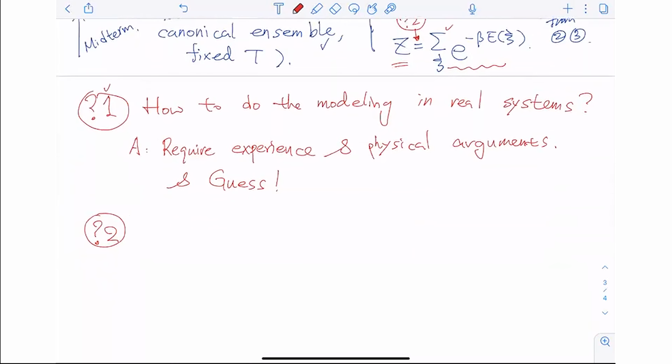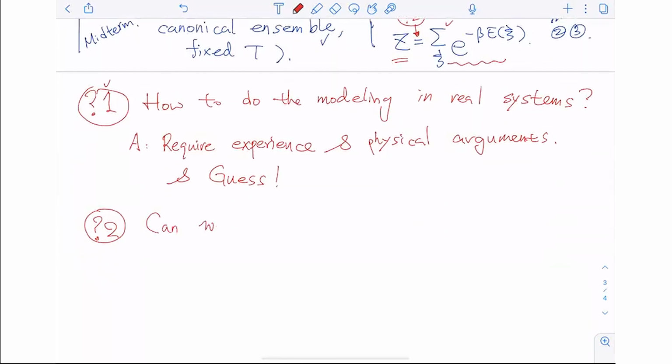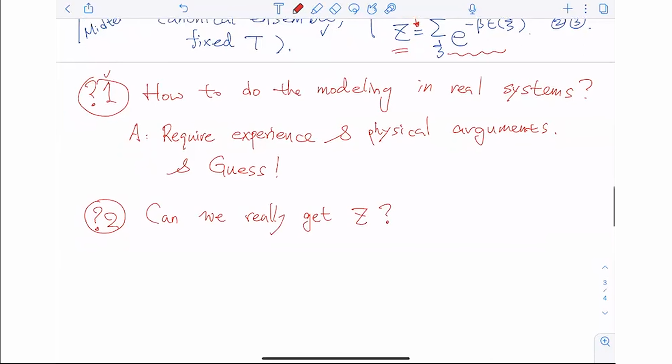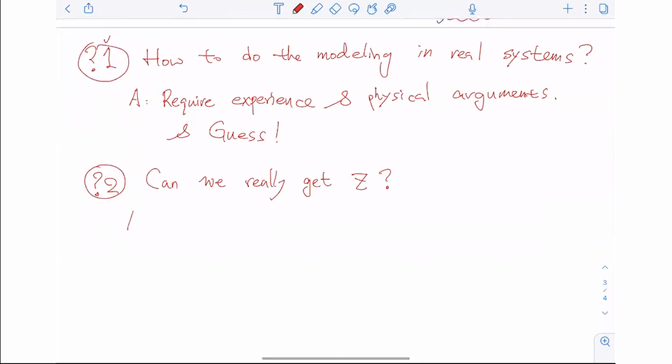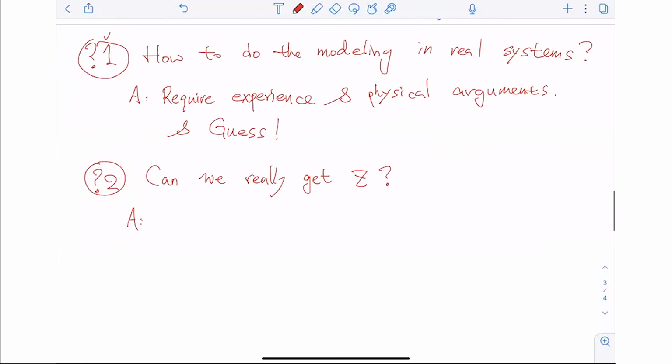So the second question is, can we get the partition function? And the answer is, for generic interacting systems, we usually cannot get this partition function.